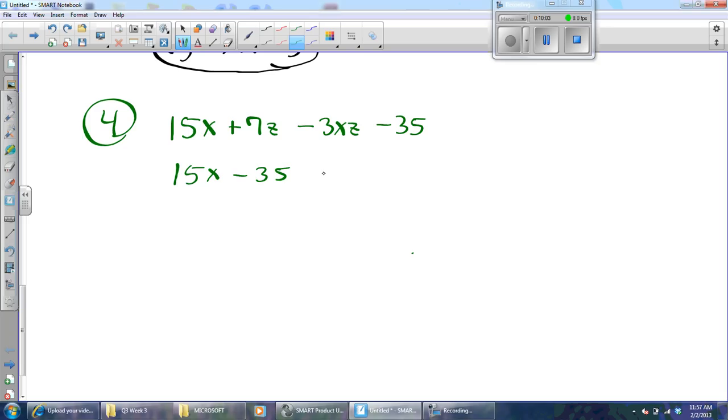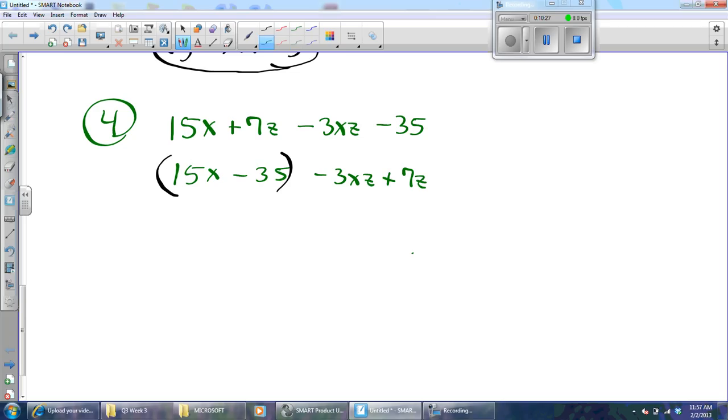And then I'm going to write the minus 3xz next and the plus 7z. And again, there's lots of different ways to write it. But I've got to make sure I've got a GCF in both pairs.